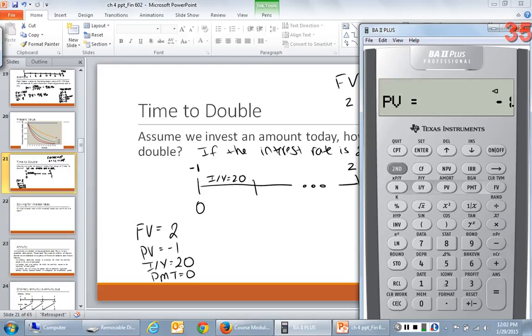Our interest rate is 20, so 20 and IY. A 0 should already be in for our payment because we cleared the time value of money. If you want to make sure, you just push 0 and payment. And then we solve for N, so we compute N. And you get 3.8 years.